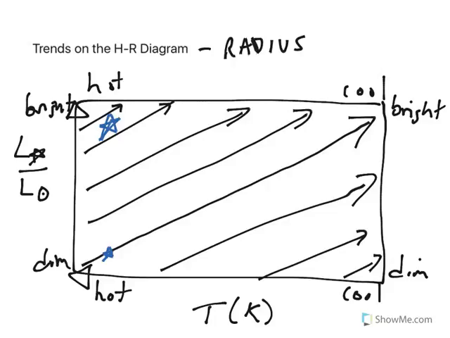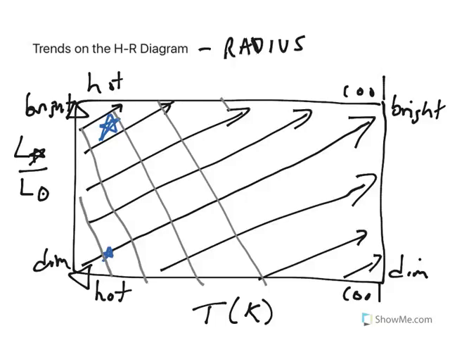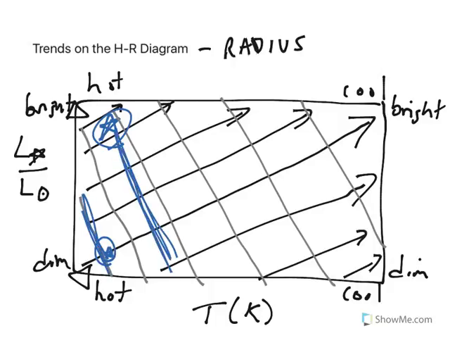Well, how we determine this is we draw perpendicular lines to the black lines, and I'll draw them in gray. Every star that's along a gray line is about the same radius. Since the dim blue star is on this line, whereas the bright blue star is over here, more to the right, the bright blue star is the larger star.